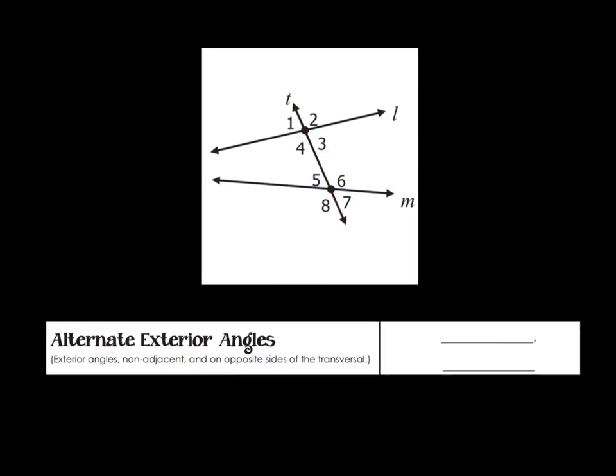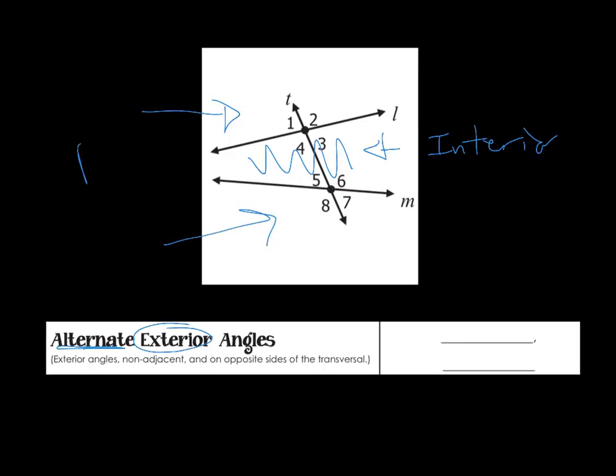Moving on. Keeping in the spirit of alternating, now we have alternate exterior. So again, if this is the interior, then the exterior would be 1 and 2 and 8 and 7, right? This is my idea of what exterior angles look like. Now again, they're going to be non-adjacent and on opposite sides of the transversal. So 1, who else is outside and on the other side of the transversal? 1 is on the left of the transversal, 7 is on the right, and they're non-adjacent.